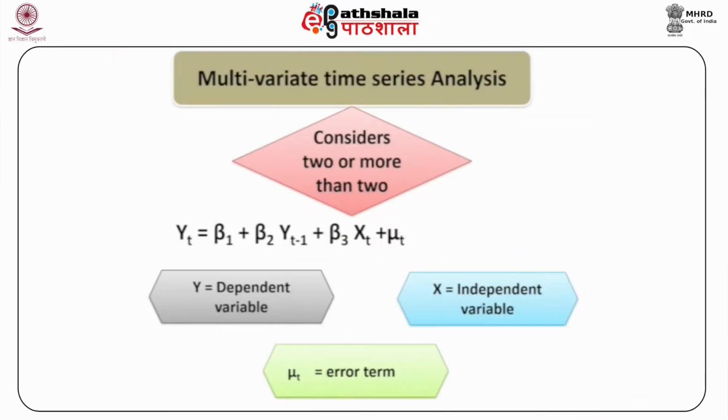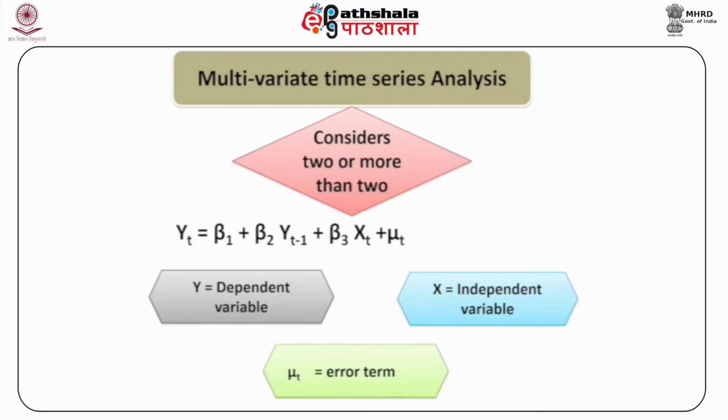The series which considers two or more than two variables, we call it a multivariate series. For example, if we consider changes in income levels in rural and urban areas, we call it a multivariate time series. Multivariate time series can be mathematically expressed as yt = β1 + β2 yt-1 + β3 xt + μt.